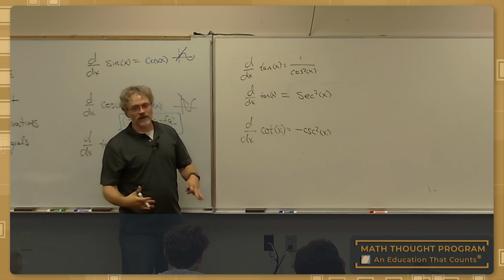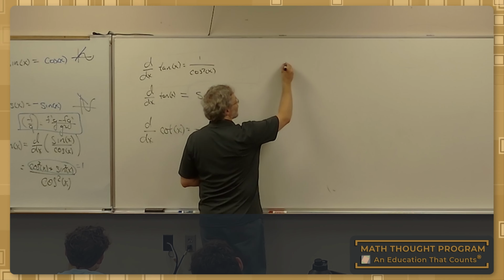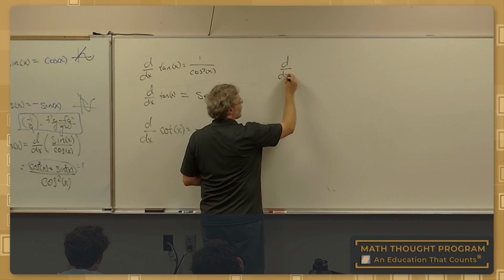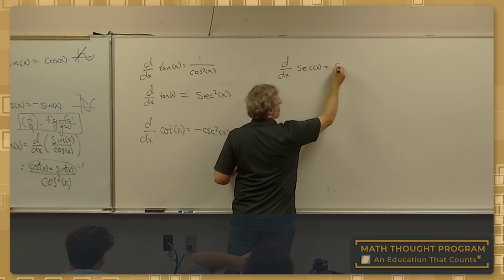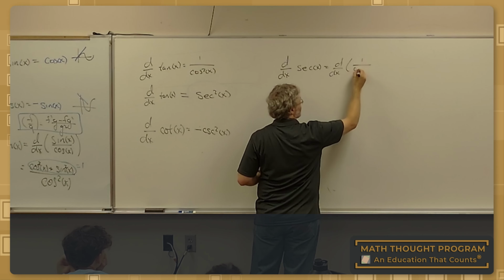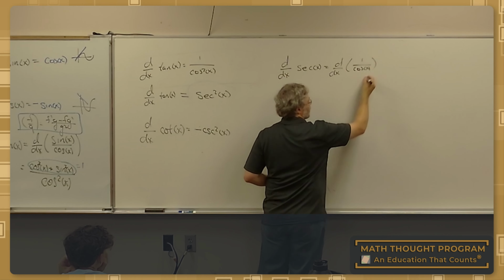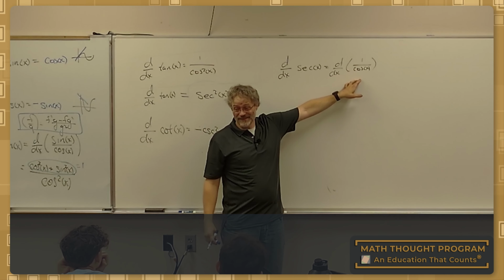And then likewise, I can do the same thing when looking at the derivative for secant. I can take secant, I can re-express it as 1 over cosine. Then I can apply the quotient rule again.